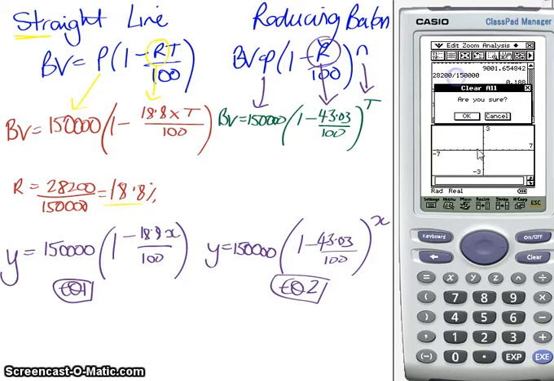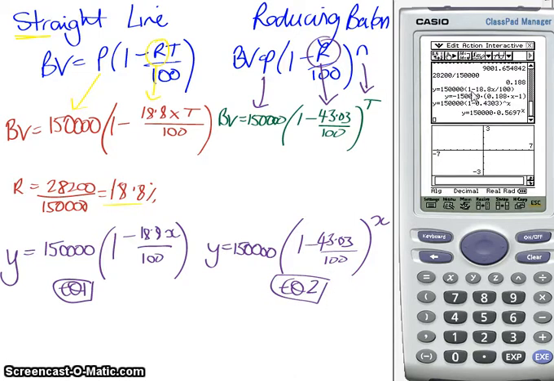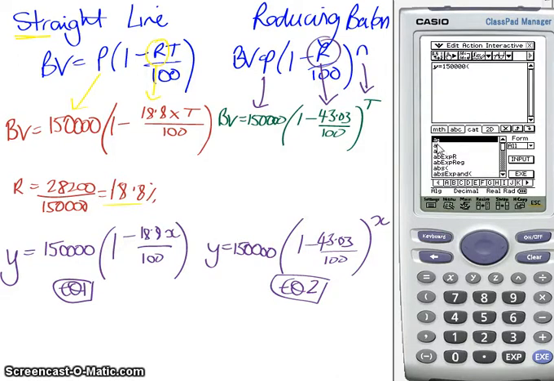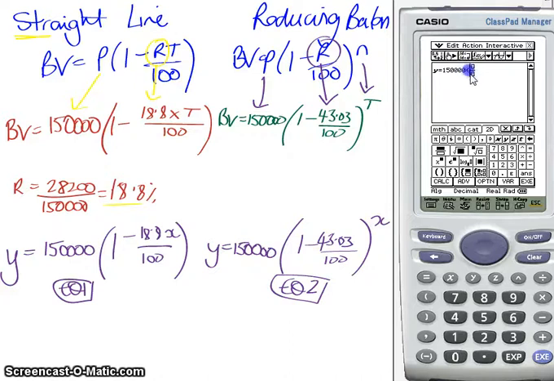So let's go here. You can do this in two places, in the main screen or in the graph screen. I'm going to do it here in the main screen. Just clear everything out. So we just start by typing this in. Y equals 150,000 times, I'm going to use my fraction template, 1 minus 18.8x over 100.